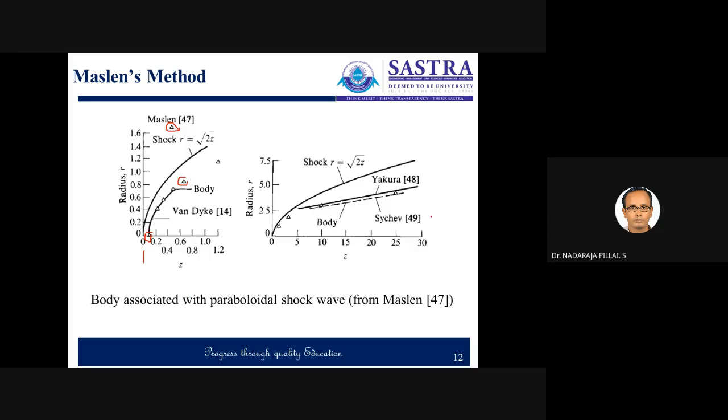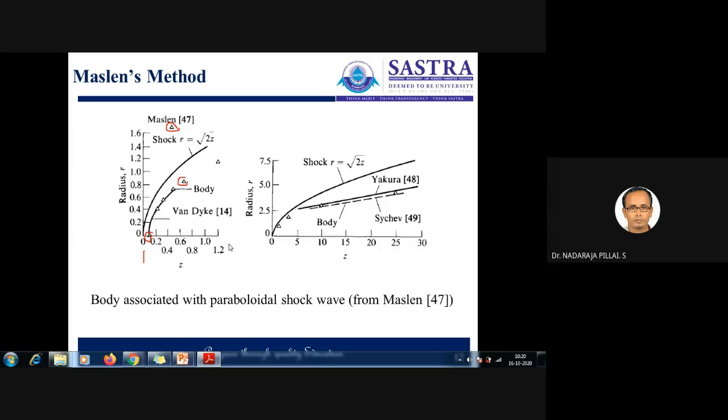Again, Maslen's method is compared with Yakura and Sachir in his paper, document 47, based on the hypersonic small disturbance theory and the blast wave analysis.